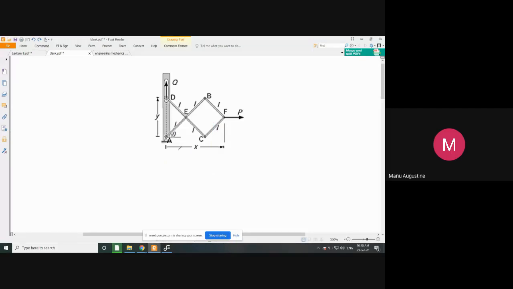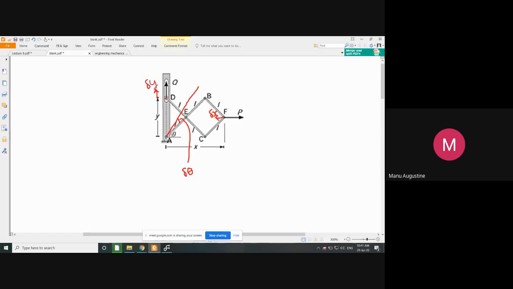Look, if I give a small increment to theta here, I take this link slightly upward by del theta, this is the angle, this is del theta. So if I slightly change the location of the link at this location, then the complete mechanism will change and this point will move backwards by del x, and this point will move slightly upwards by del y.